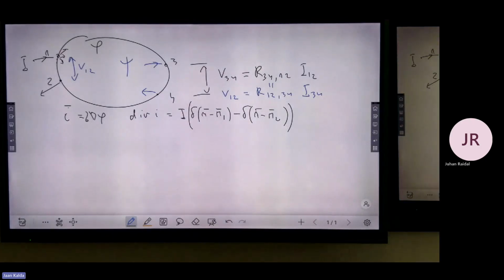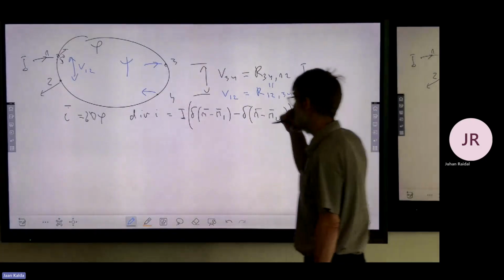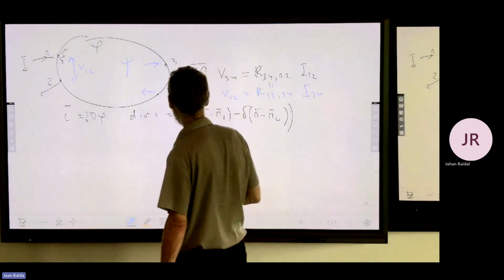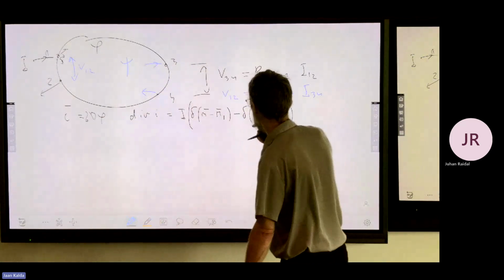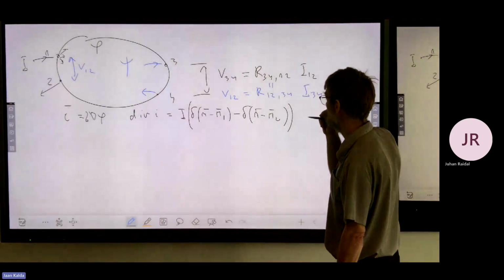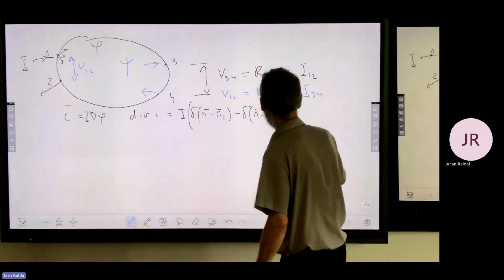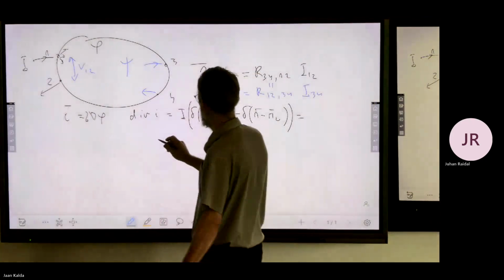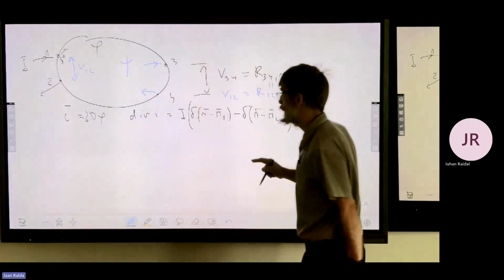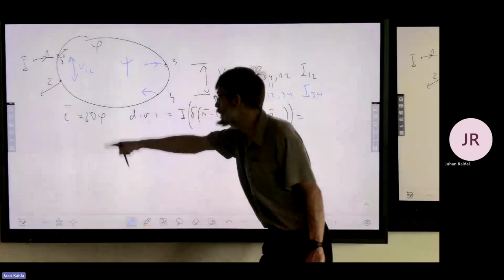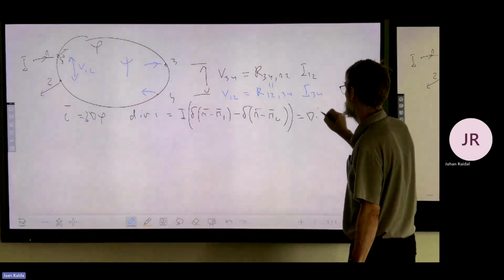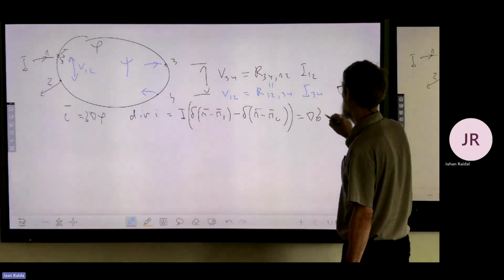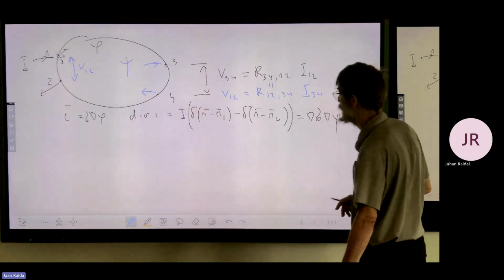And then let us write another equation. Let us plug in the expression for I. So this will be the divergence of sigma gradient of phi.